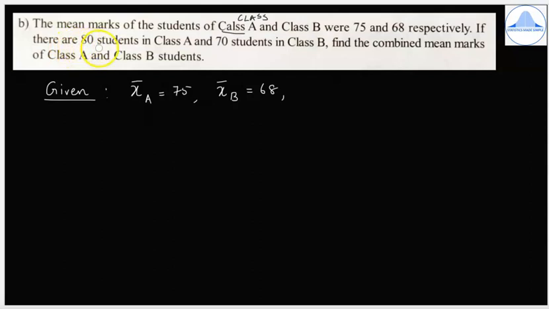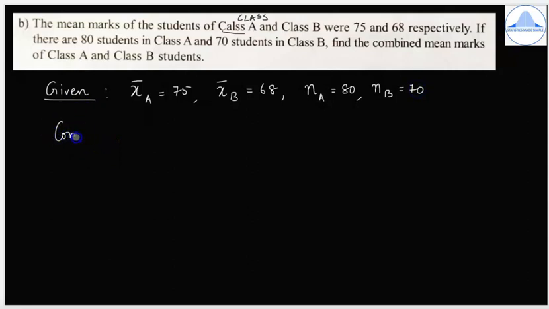Then they have said that there are 80 students in class A. So the number of observations for class A, I will depict it as NA. This is equal to 80. Similarly, the number of students in class B is denoted by NB, which is equal to 70.